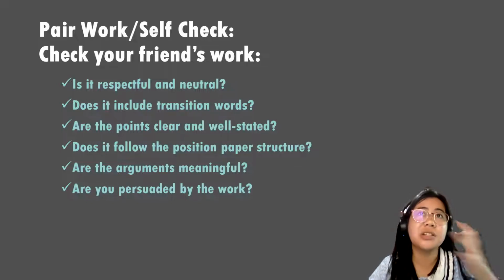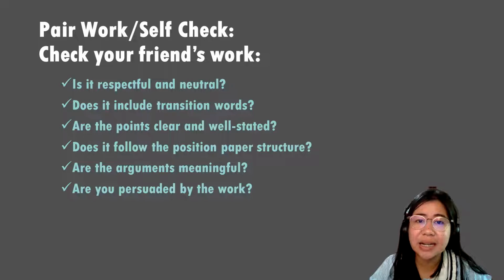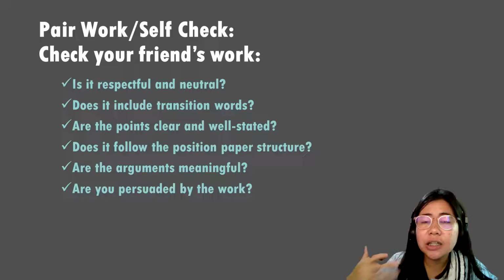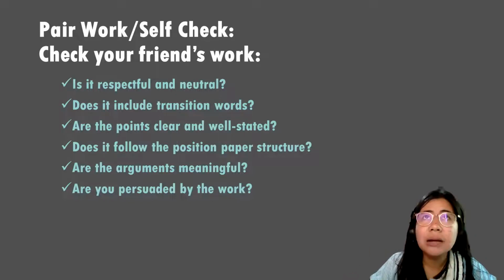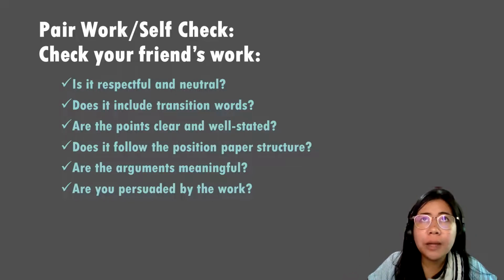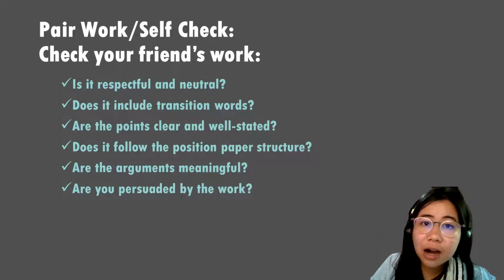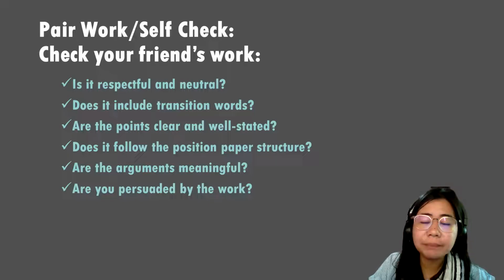Like for example, our transition words or transitional devices, like further, in addition, when we are adding ideas: in addition, additionally, moreover. But when we present contradicting ideas: on the other hand, while, however, conversely.